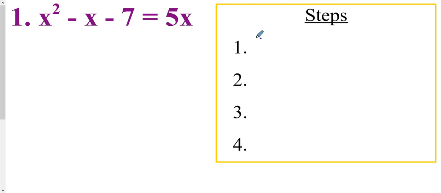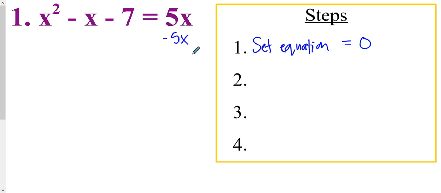My first step is I need to make sure that my equation is equal to 0. So we're going to set our equation equal to 0. That means I need to be in standard form. Everything needs to be on one side. And this one, number 1, is not like that right now. The thing I need to move is the 5x. In order to move it, I'm going to subtract it to the other side.